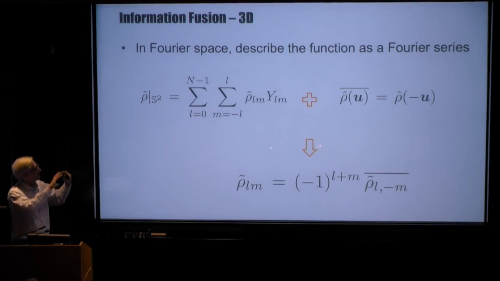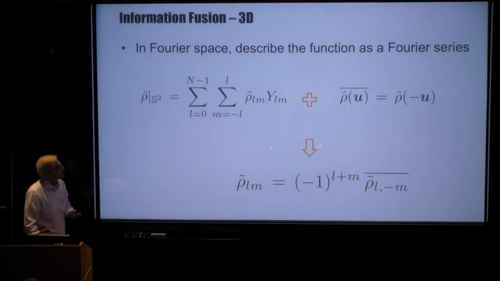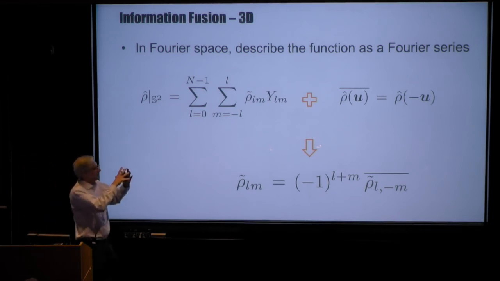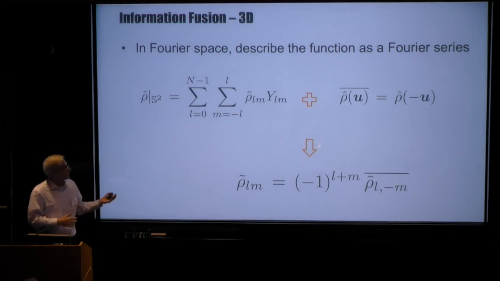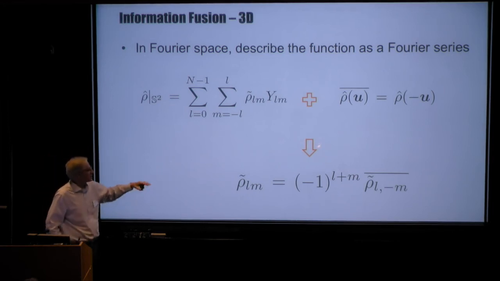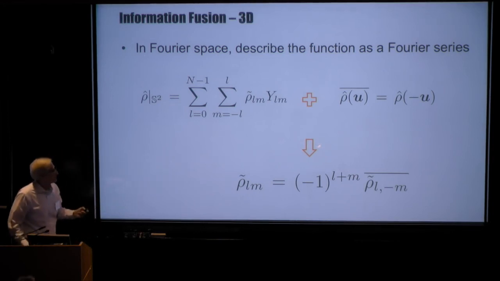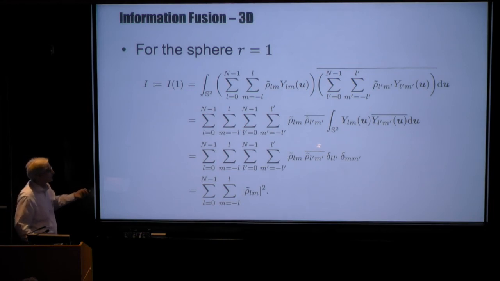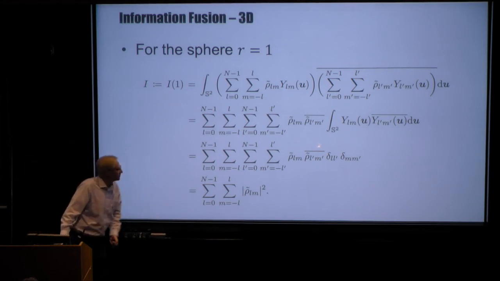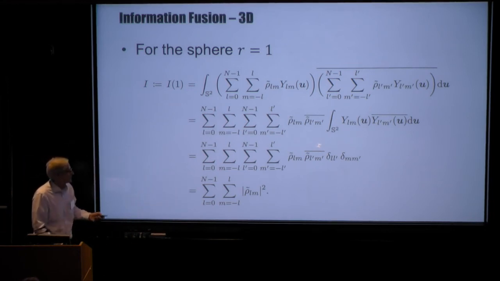If you have a real valued function in real space expressed on these concentric spheres, then these coefficients in the expansion in Fourier space are going to have this symmetry again.